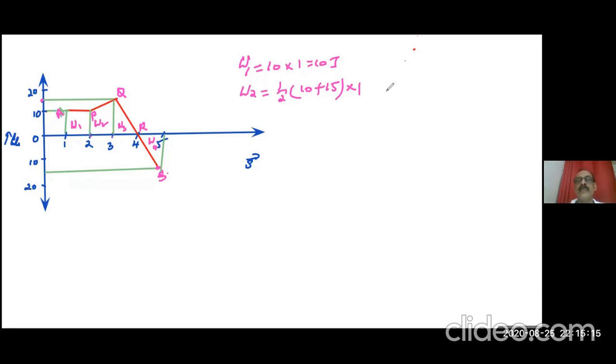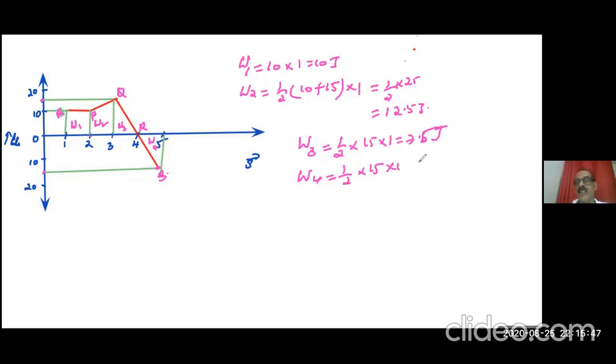How much answer will come? Half into 25. That means 12.5. Now W3 is equal to half into 15 into 1. That means 7.5 joule. W4 is half into 15 into 1, that is minus 7.5 because displacement is downward.